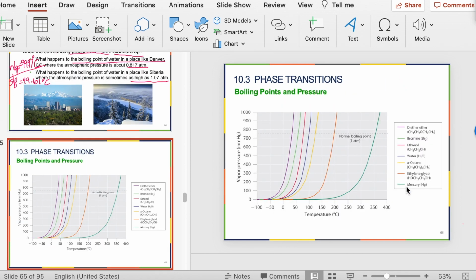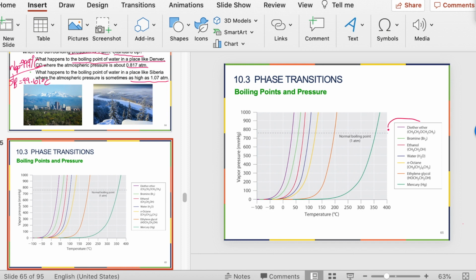And this is showing how the vapor pressure changes with temperature, and this dotted line is the normal boiling point. That is 760 millimeters of mercury, or 1 atmosphere.